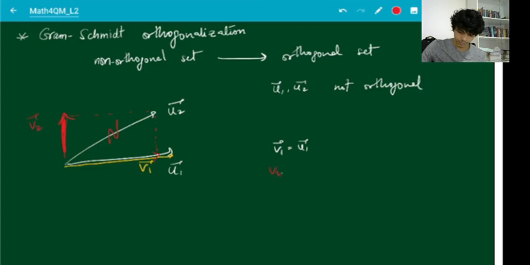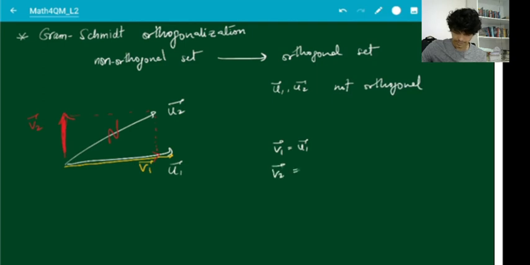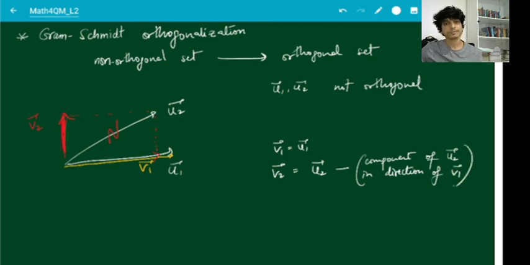So v2 is basically just u2 from which you have subtracted out the component of u2 in the direction of v1. So now you will see v1 and v2 are orthogonal to each other. I started from u1, u2 which were not orthogonal, and I constructed two vectors v1 and v2 which are orthogonal to each other.